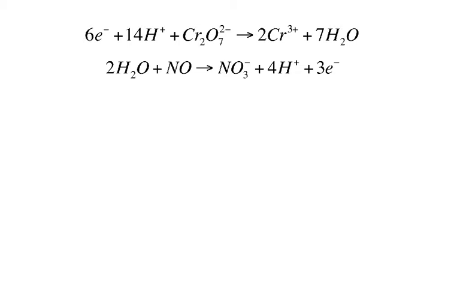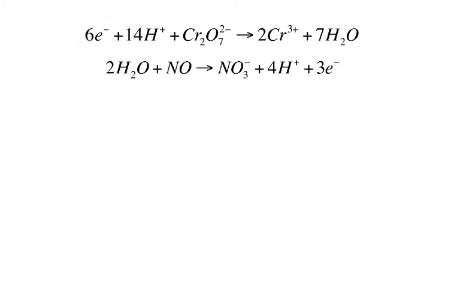All right, so I've just retyped the half reactions that we balanced in the previous slide. Now, when I add these together, remember that the number of electrons on the reactant side of the reduction half reaction has to be the same as the number of electrons on the product side in the oxidation half reaction when I add these guys together, because ultimately I want the electrons to cancel out.